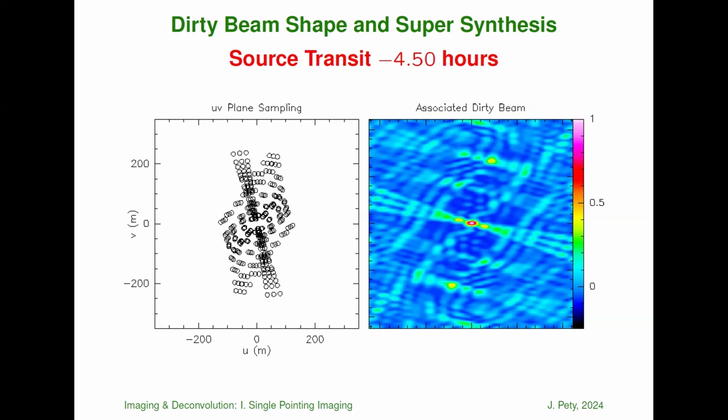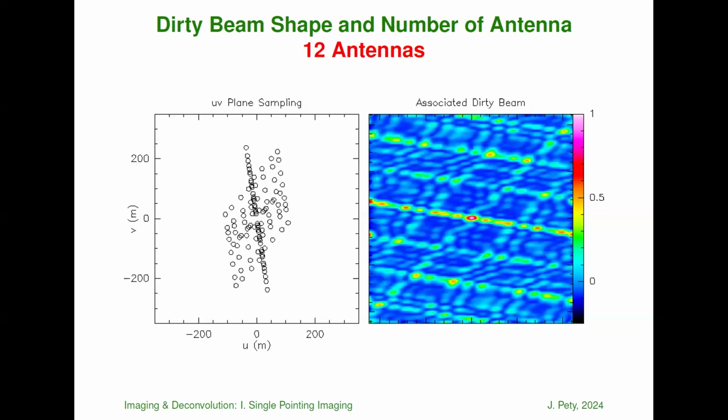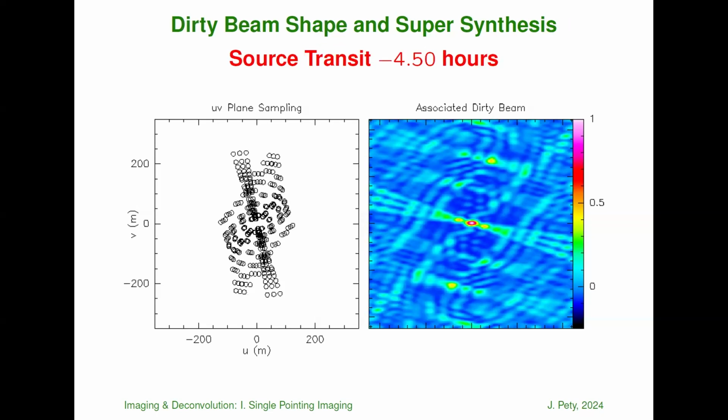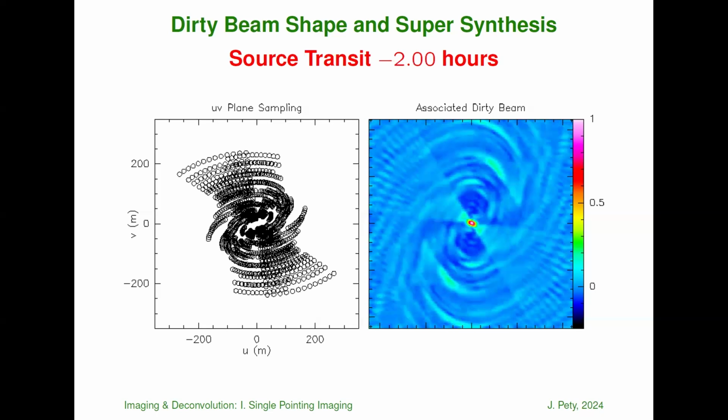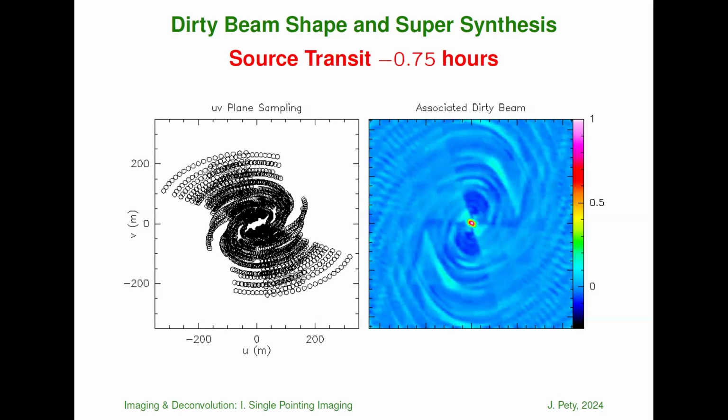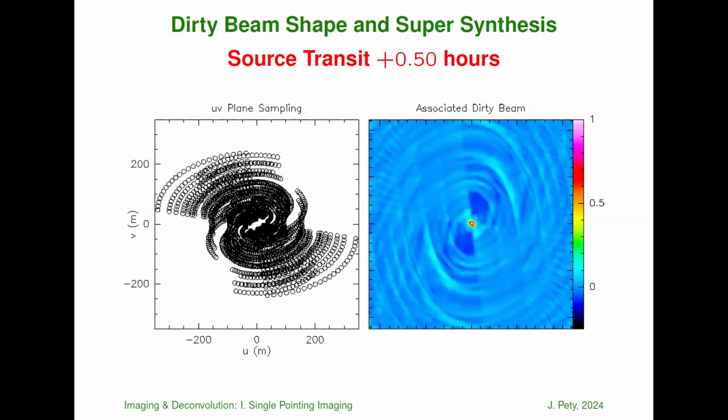So you see that you have many more points observed, and your dirty beam is much better defined. And the source continues to rise. And now you're at transit, well, a bit after transit. So you really see that your source is a point source.